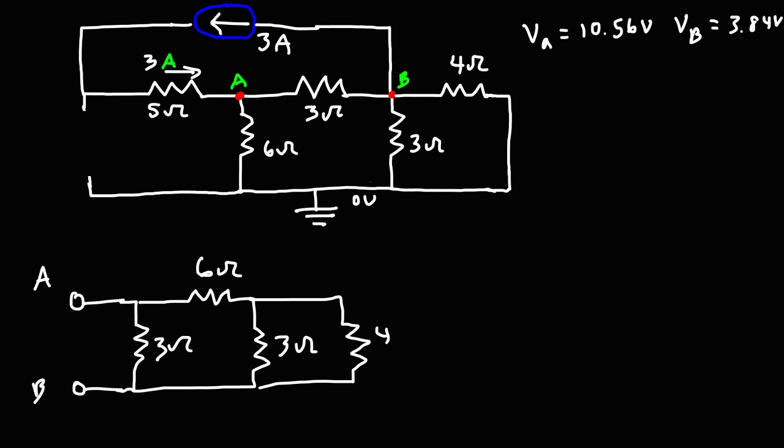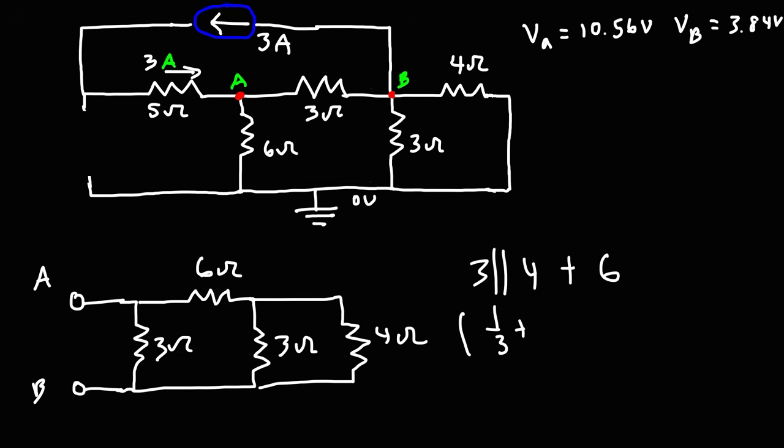So with respect to points A and B, we need to put these two resistors in parallel and then add it to the 6 ohm resistor. So the 3 and 4 are parallel to each other, and they are in series with the 6 ohm resistor.